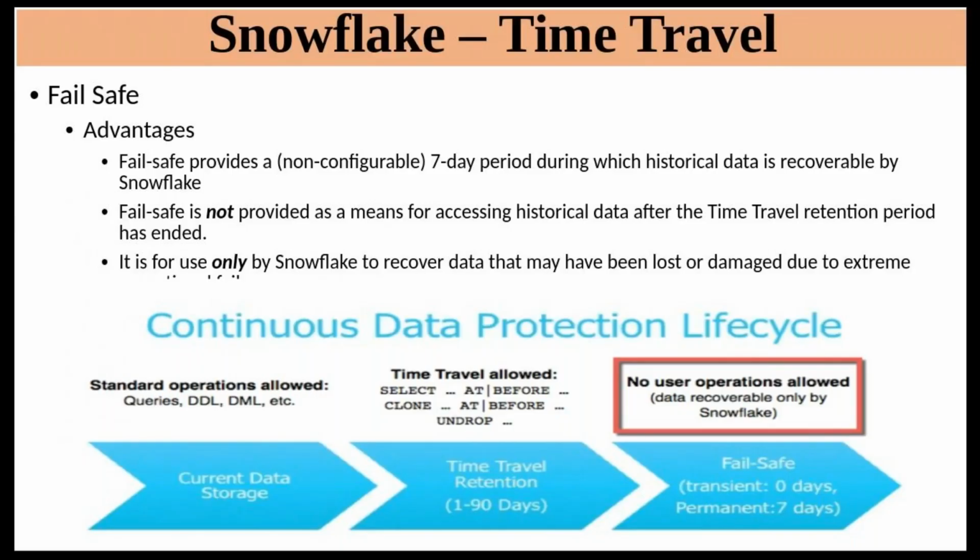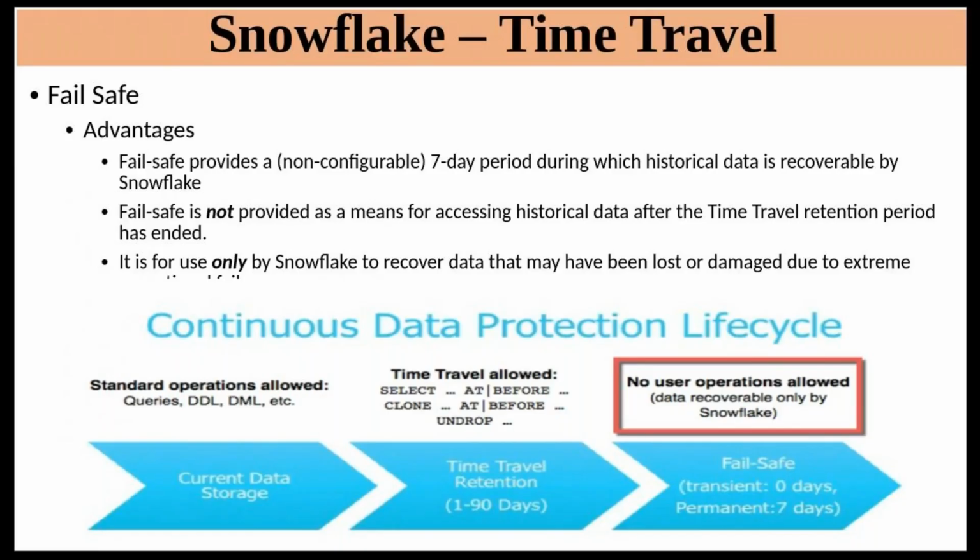By default, all the objects that you create are part of fail-safe. So whenever AWS crashes and whenever it gets restored, Snowflake by default restores the data from their copy.